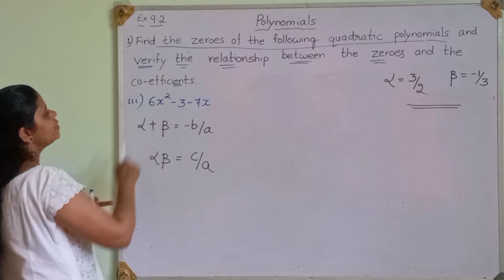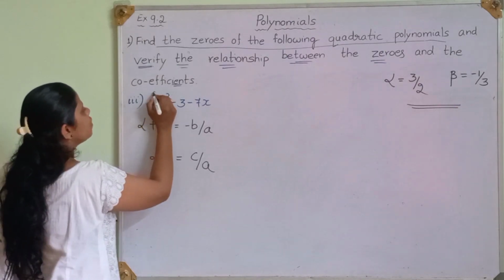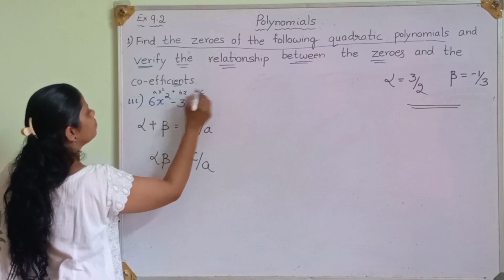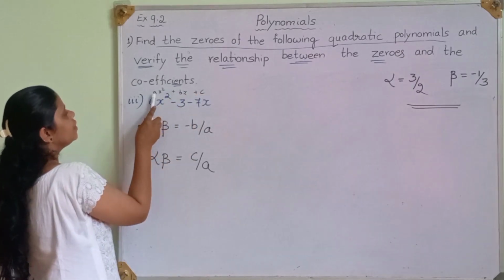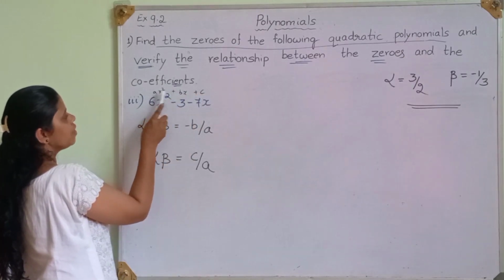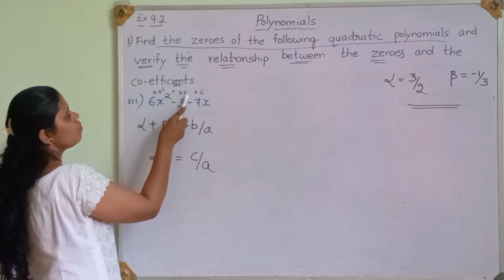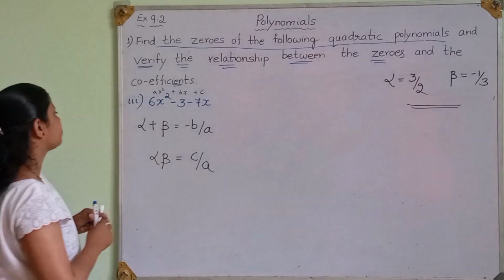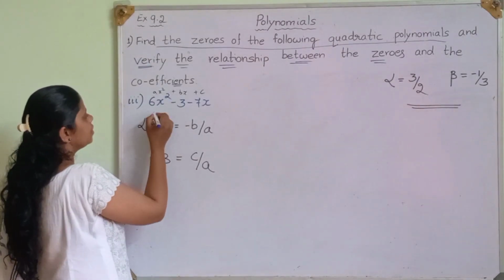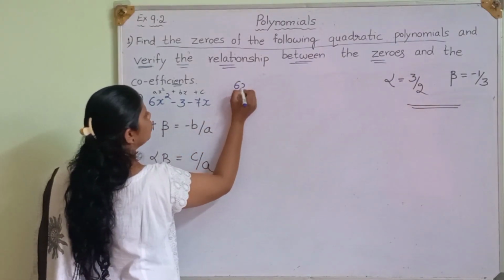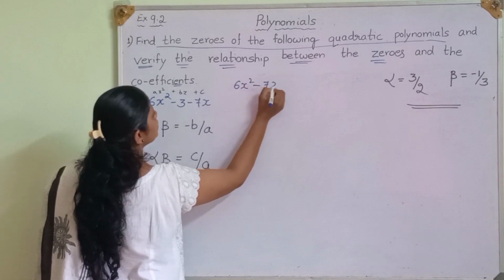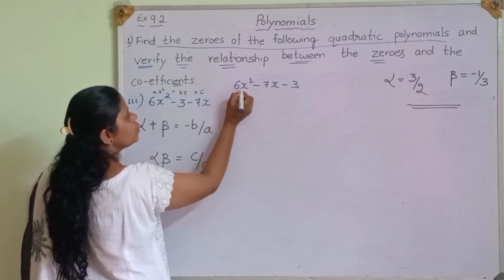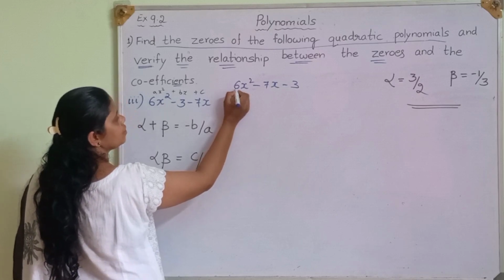Here, it is in the form of ax square plus bx plus c, where a is the coefficient of x square, b is the coefficient of x and c is the constant. So 6x square minus 7x minus 3. The coefficient of x square is how much? 6.